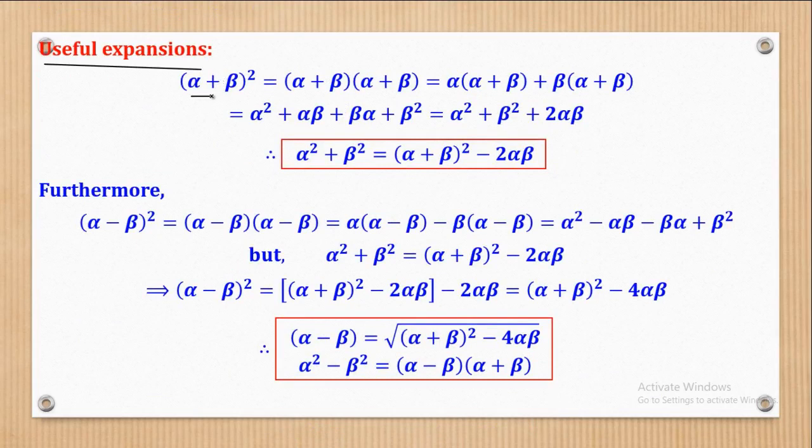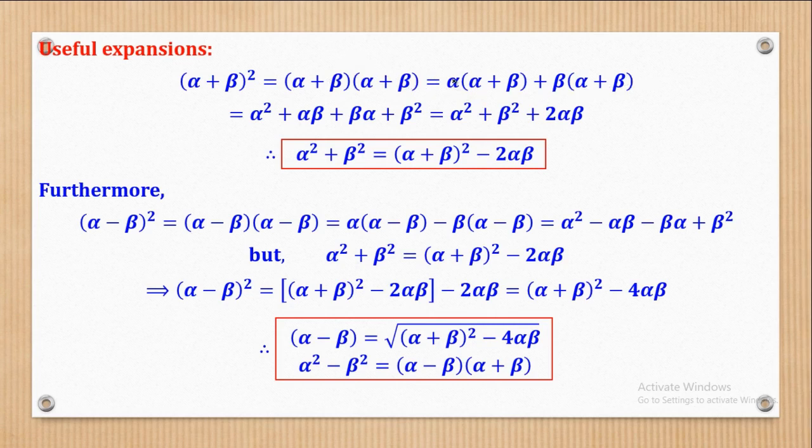One is, if they give you alpha plus beta squared, the first thing to do is to remember that this one is the same as alpha plus beta times alpha plus beta. Then I'm going to open brackets. This alpha multiplies through the whole of this to give you this, and this beta multiplies through the whole of this to give you this.